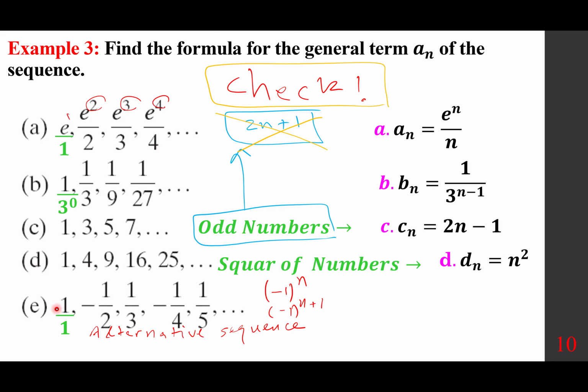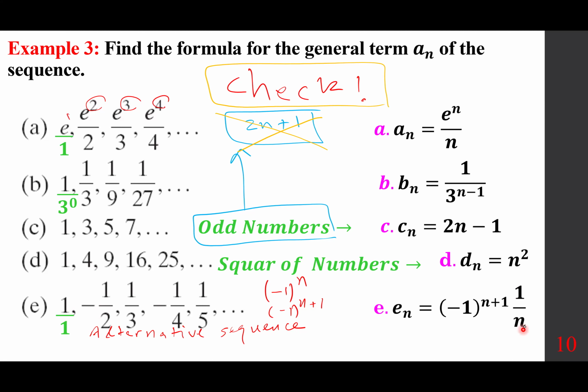So the first one is positive, so that doesn't work. If I use this one and n is 1, minus 1 squared is 1. So that means positive. The next one, if I use 2, 2 plus 1 is 3, minus 1 cubed is negative. That works. So I get minus 1 to the power of n plus 1, because the first one is positive, the second one is negative, and times 1 over n.